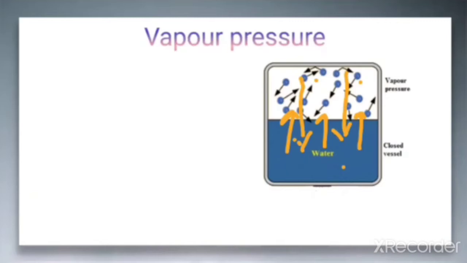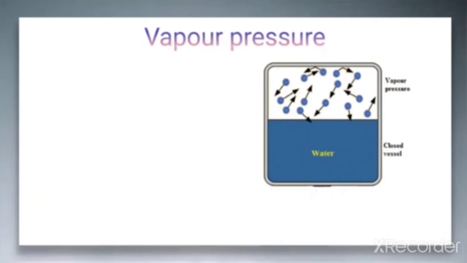In the initial stages, the rate of evaporation is more than the rate of condensation. So in that case we can see that the level of liquid keeps decreasing. But slowly, the rate of condensation gradually increases. So the number of molecules in the gaseous state decreases.